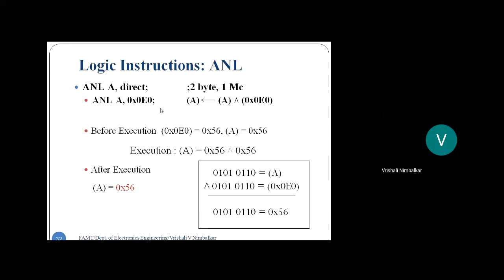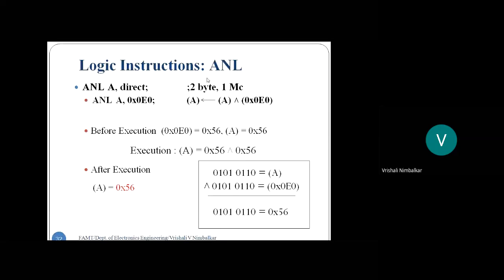Are you getting me? The accumulator data is ANDed with E0 hex data. And what is E0? Accumulator itself. So the accumulator is ANDed with the accumulator and the result is stored back in the accumulator. Okay, purposefully I have taken such an example.